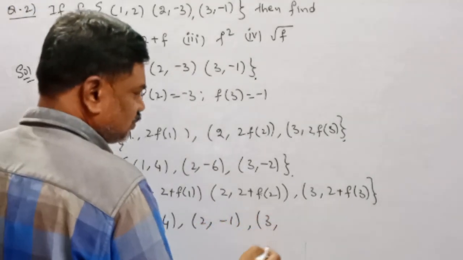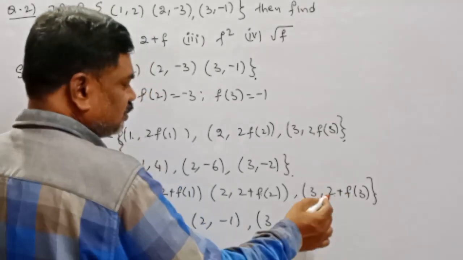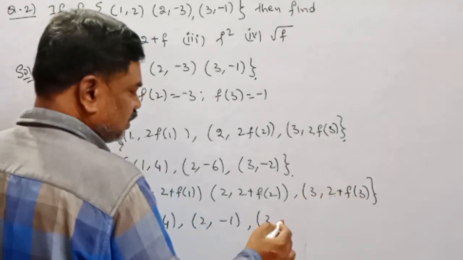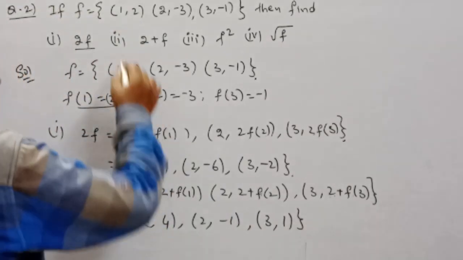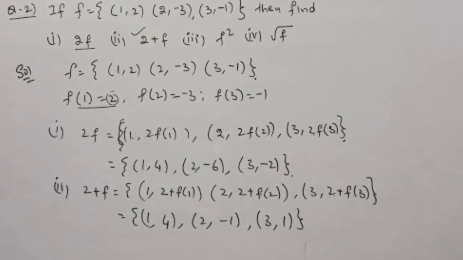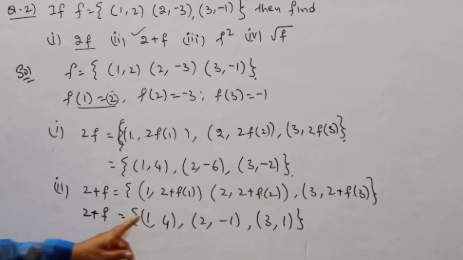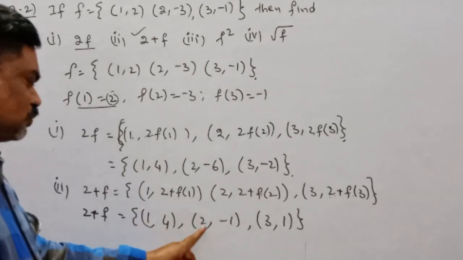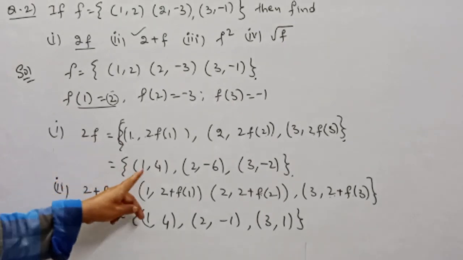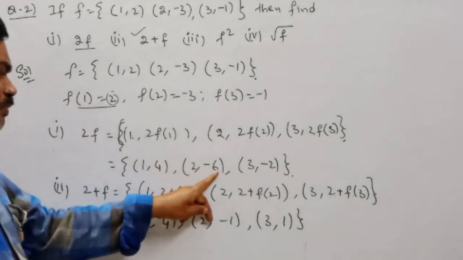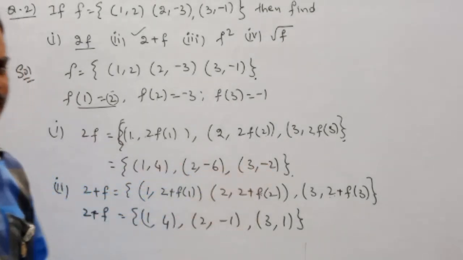Then (3, 2 plus f of 3), 2 minus 1, that is 1. So 2 plus f is equal to ordered pairs (1, 4), (2, minus 1), (3, 1). And 2f is (1, 4), (2, minus 6), (3, minus 2).